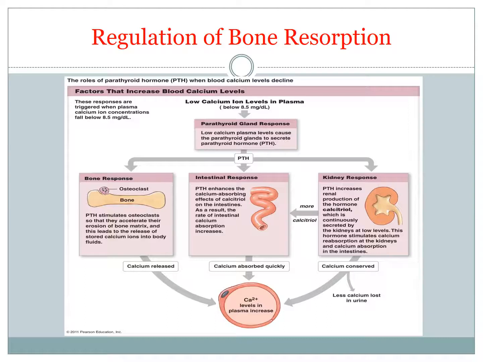PTH increases the production of the hormone calcitriol, which is continuously secreted by the kidneys at low levels. This hormone in turn stimulates calcium reabsorption at the kidney tubules. Those 3 combined activities can all help bring the calcium levels in the plasma back up.